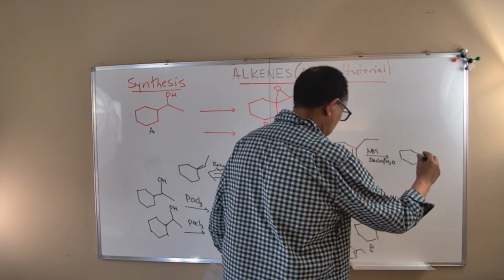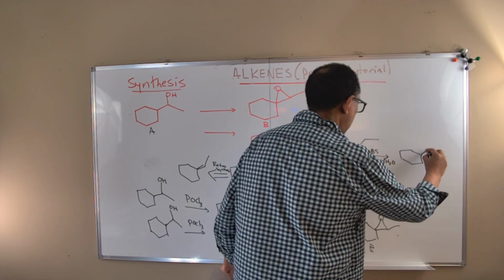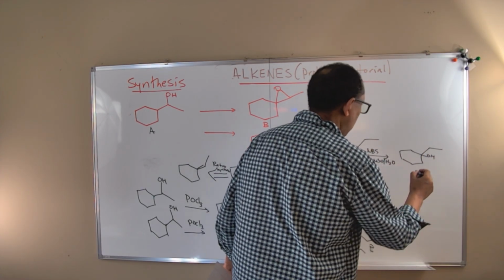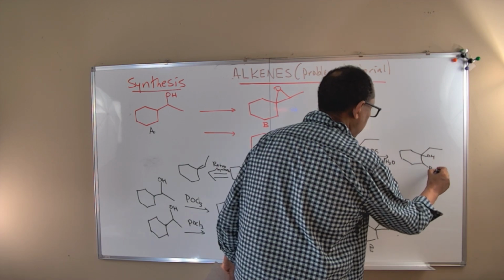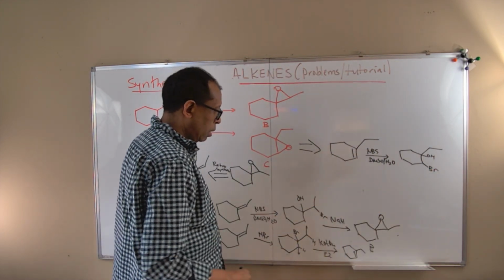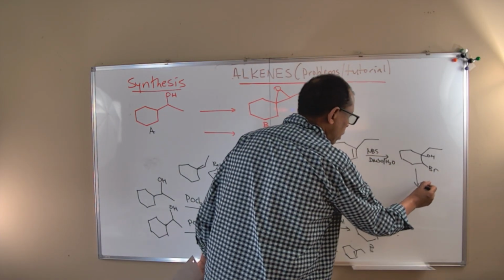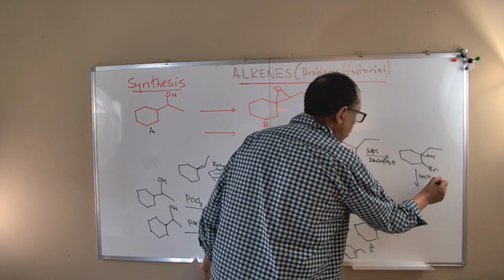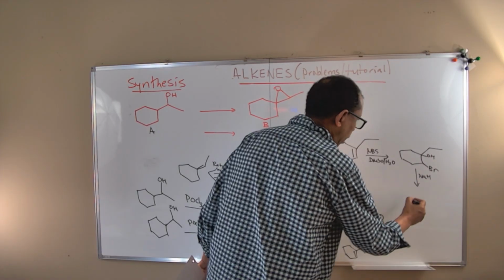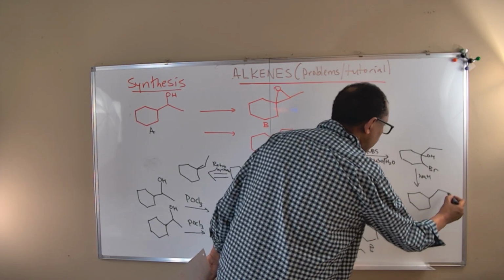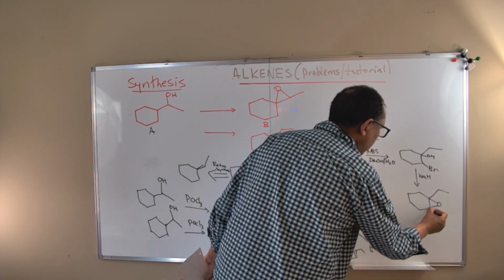So that would be OH here, and bromine would be added here. Now, if you just do Williamson ether synthesis, pull off that proton, that would cyclize to make the epoxide we want. So it ends up here.